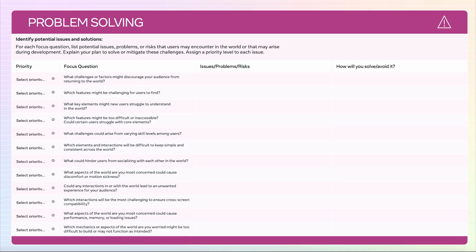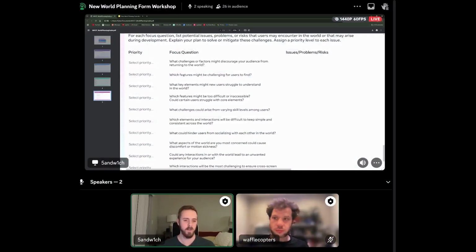There's definitely more you could write down in another document and answer for yourself. Here we've got the focus question, and then you write down the issues, problems, and risks that relate to that question. So, what features might be challenging for users to find?